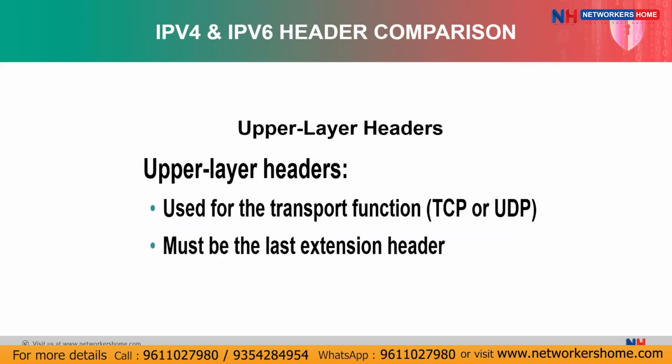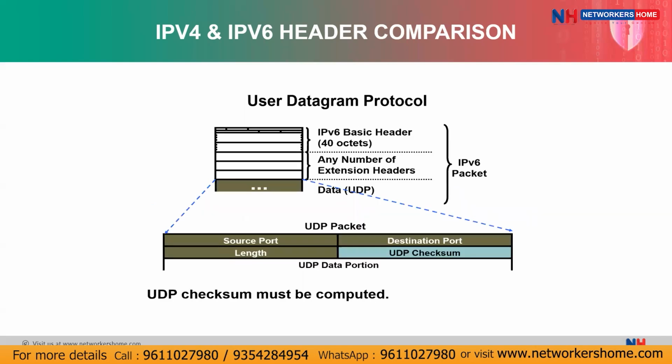It also has upper layer headers, used for transport functions such as TCP or UDP, and it must be the last extension header. So we have the IPv6 header, any number of extension headers, and data such as UDP, and the UDP checksum must be computed.